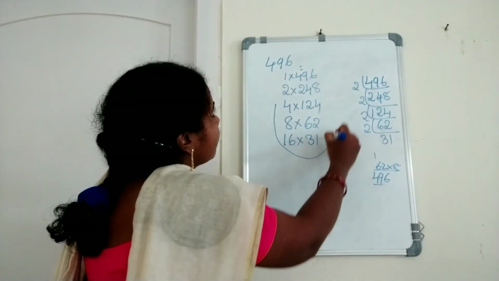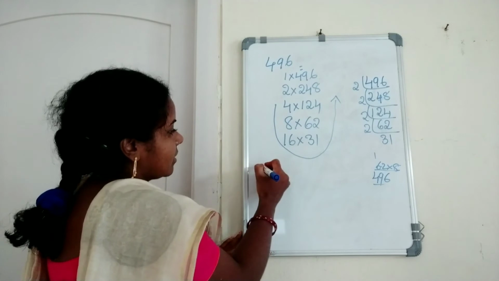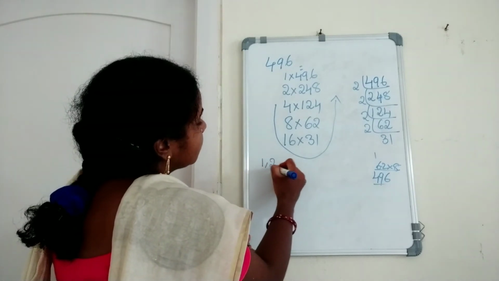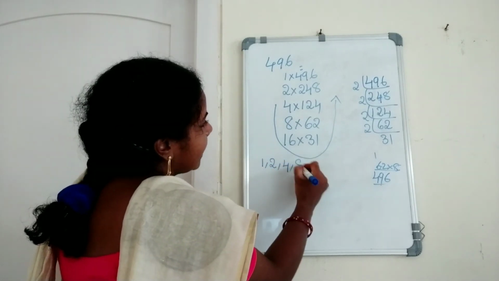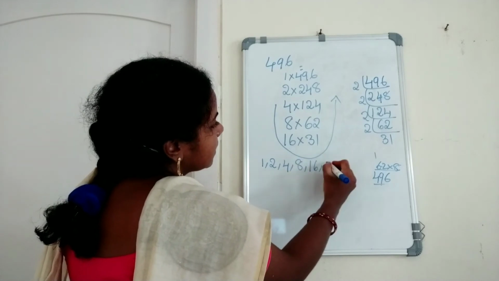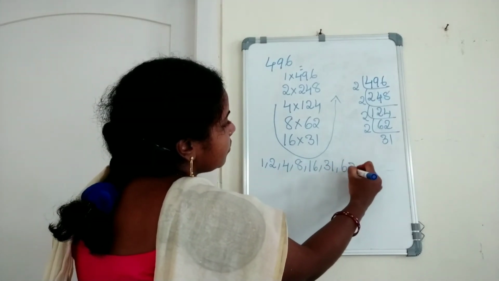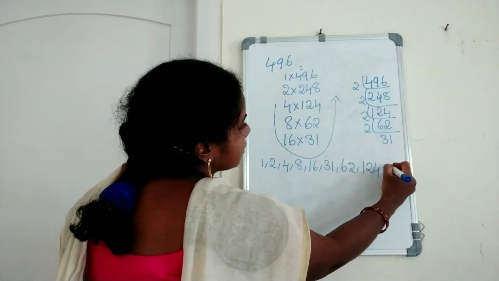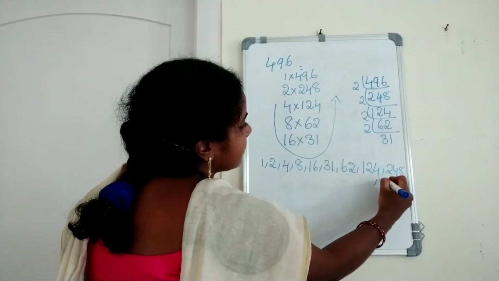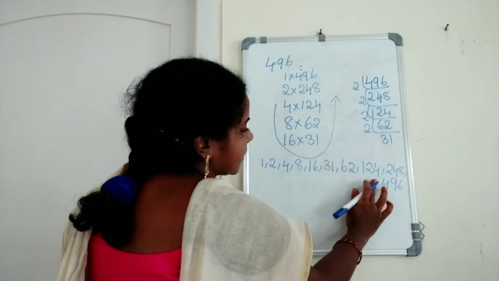Just now, 496's factors are 1, 2, 4, 8, 16, 31, 62, 124, 248 and 496. Okay.